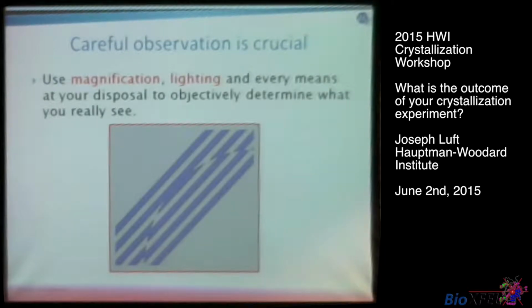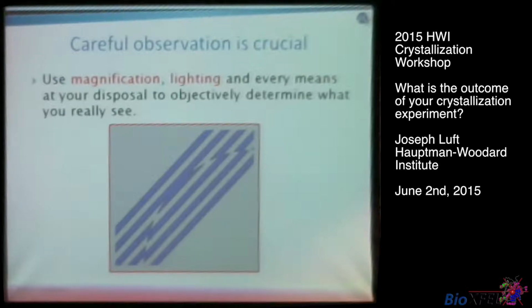If you do will yourself to see something that may or may not be a crystal, it's important first to look back at the original image to see if that something in the drop was present with just the cocktail before the protein was even added to the drop.